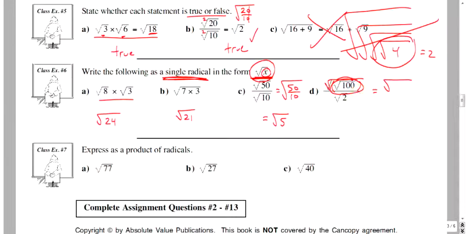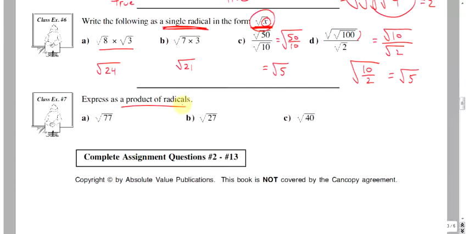This is just 10 over root 2. Now what can I do? It's the same index. I can join them in one radical sign. 10 over 2. How many times does 2 go into 10? That's root 5. A little confusing, but I hope you can see that.